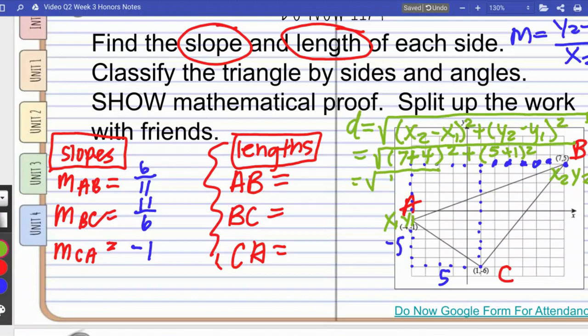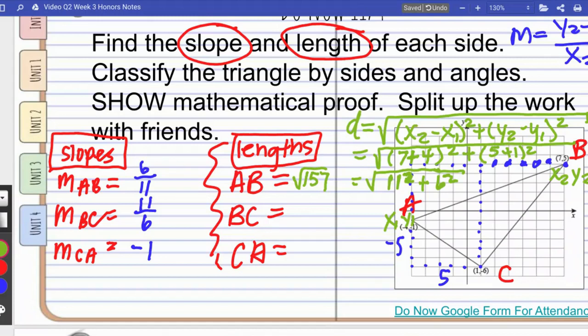Okay, good. So 11 squared plus 5 plus 1 is 6, 6 squared. And so that's 121 plus 36. You get the square root of 157. You can't reduce that radical because 157 is prime.